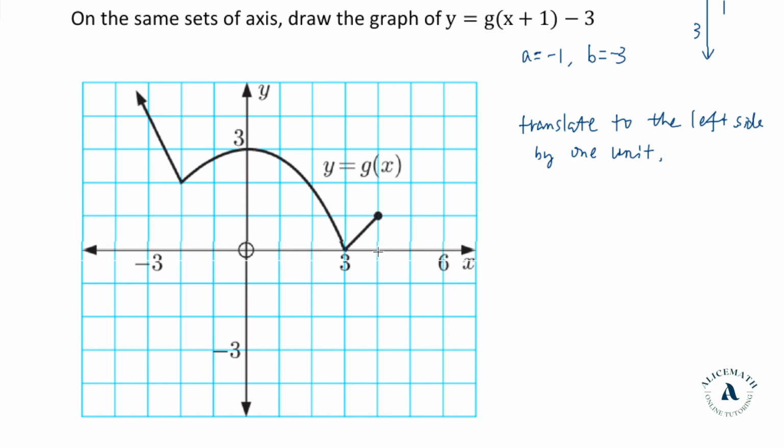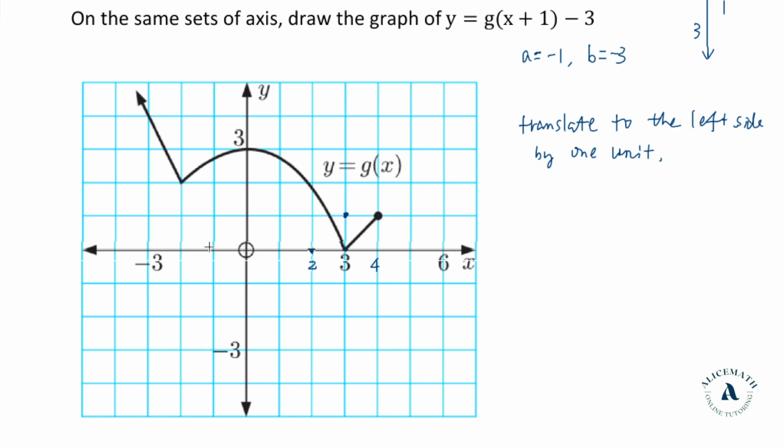So this one is 4 here. Now we should move to the left side by 1 unit. So the new dot would be here. x equals 3, and then move 1 unit to the left side becomes 2 here. And then here the y-intercept, y equals 3. Now you see here the x value equals 0.